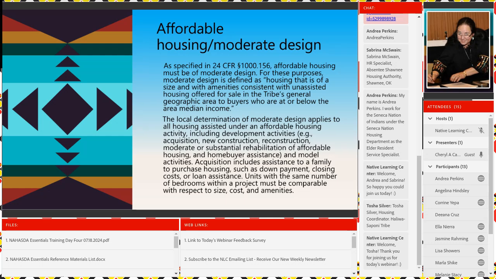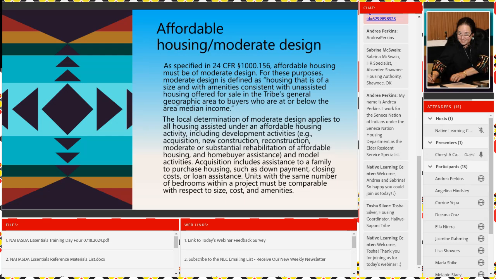Your affordable housing moderate design, as specified at 1156, affordable housing has to be of moderate design. For these purposes, moderate design is defined as housing that is of a size and with amenities consistent with unassisted housing offered for sale in your tribe's general geographic area to buyers who are at or below the area median income.